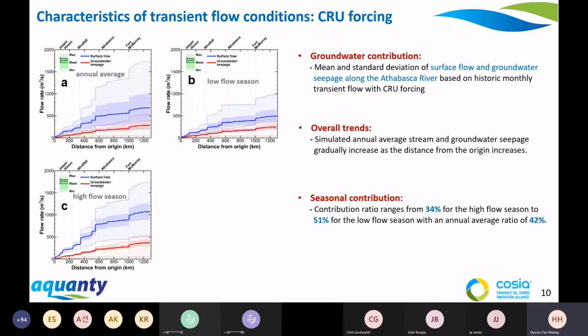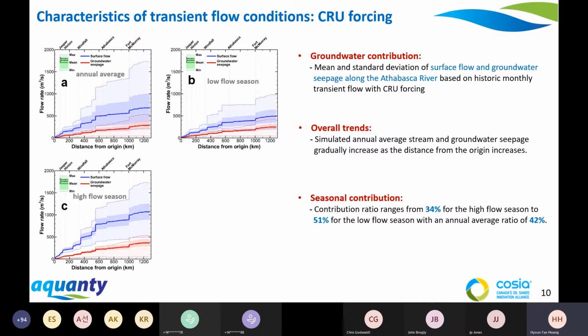So once the model validation was done, we also estimated the groundwater contribution to the surface flow system along the Athabasca River. Blue represents stream flow from upstream to downstream along the Athabasca River, and red represents the groundwater seepage contribution.